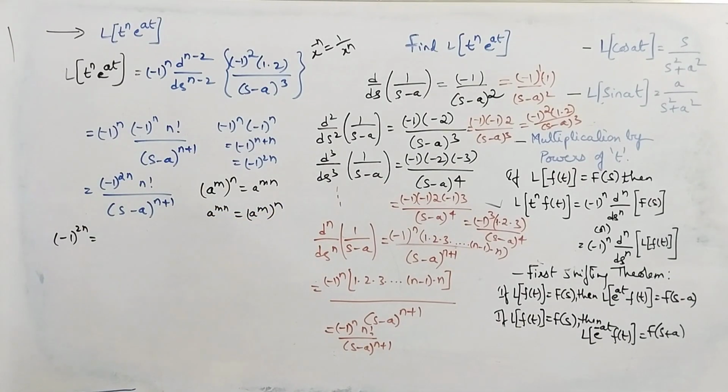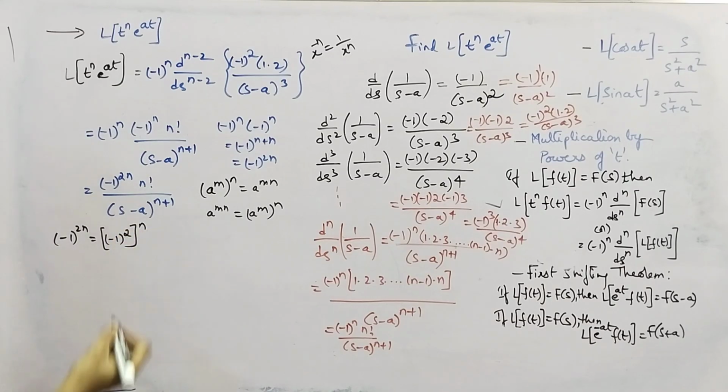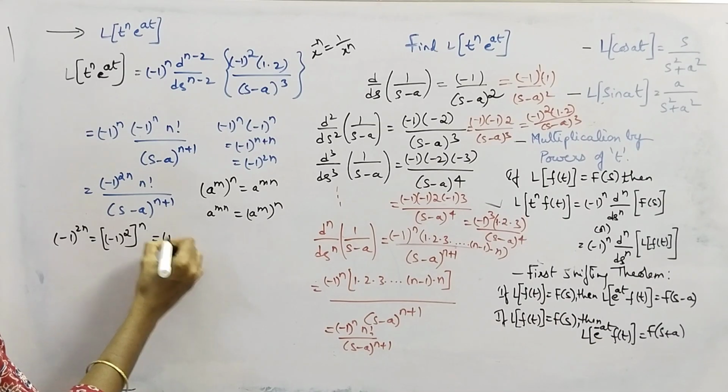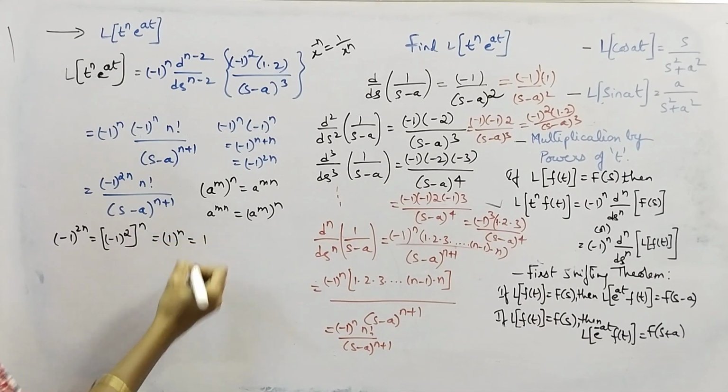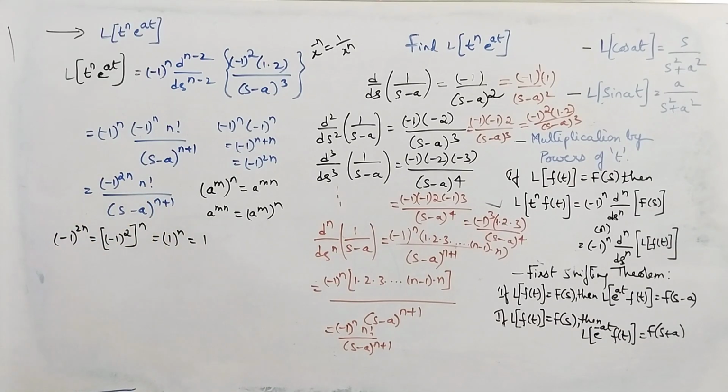Now we can write minus 1 power 2n as (minus 1 whole square) raised to the power n. Minus 1 whole square is 1, 1 power n is again 1. So the value of minus 1 power 2n is 1.